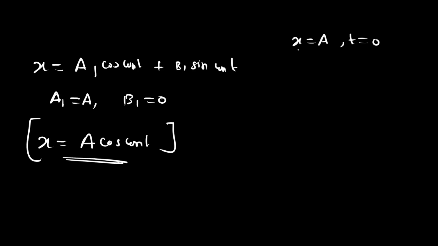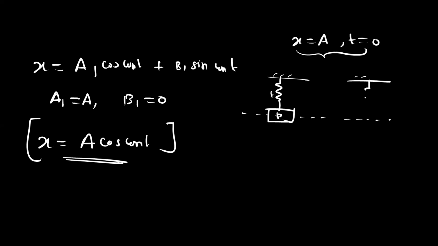What is the meaning of this boundary condition? If you have a system like this spring mass system, then initially when time t is 0, you pull the mass by some displacement, x is equal to A. After that, if you release this mass, the mass will oscillate like this.